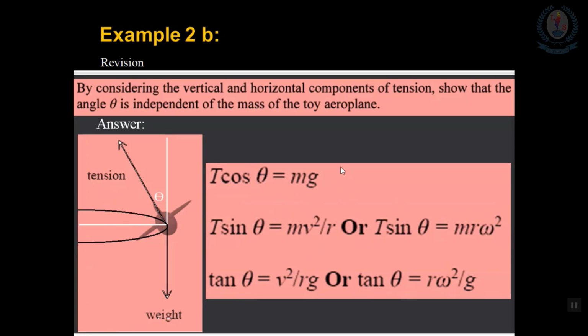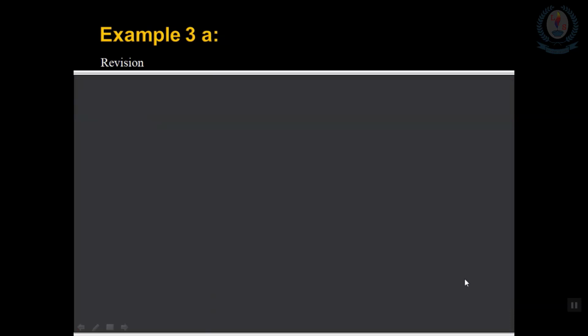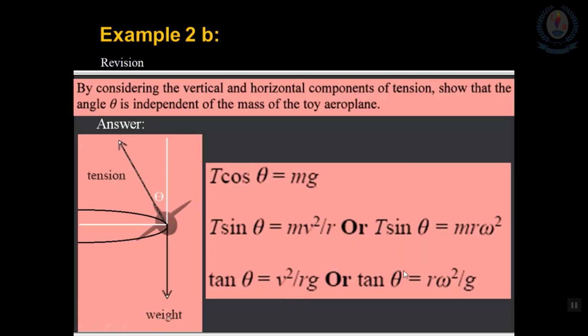But we know that T cos theta is equal to mg. So instead of T, I can substitute mg over cos theta. When I substitute, m cancels off, g sin theta over cos theta. Sin theta over cos theta becomes tan theta, g goes to the other side, it becomes v squared over rg, or r omega squared over g. That means it's independent of mass. Mass is not there in the equation.